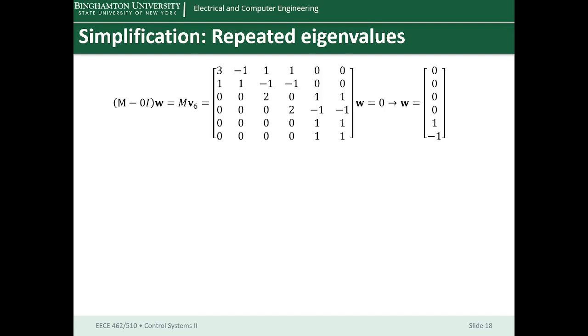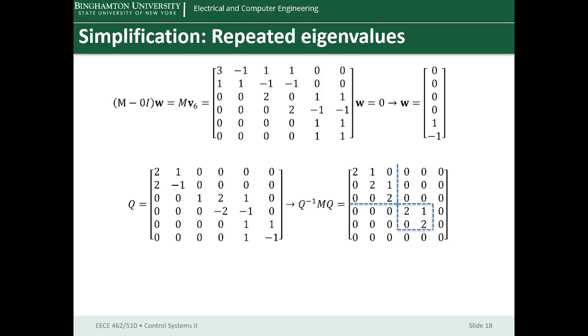We simply compute the null space of M. When we do this, we find a vector that satisfies the condition M times w equals 0. We can choose the vector w equals 0, 0, 0, 1, minus 1, 0. Now we have all 6 linearly independent vectors: v1, v2, v3, u1, u2, and w.